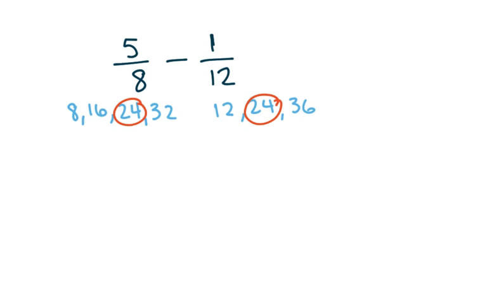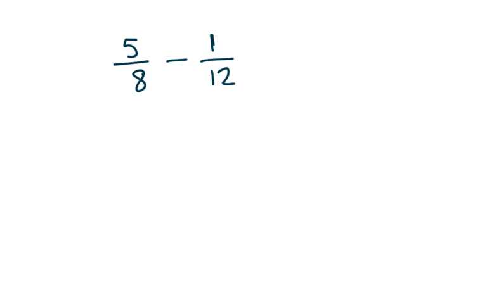If I wanted to instead do the greatest common factor type, then I would say 2 times 2 times 2 for 8, and 2 times 2 times 3 for 12. My brain and my hand were not moving at the same speed.